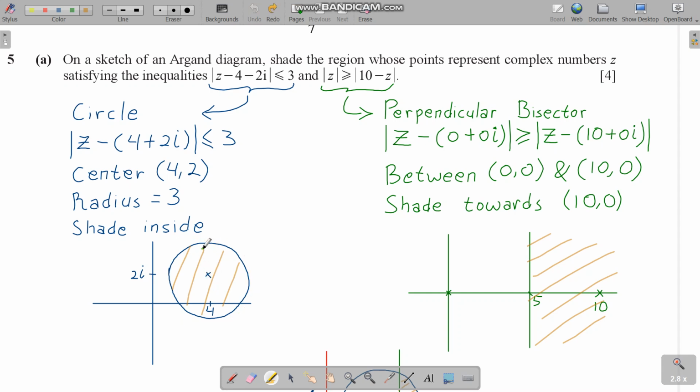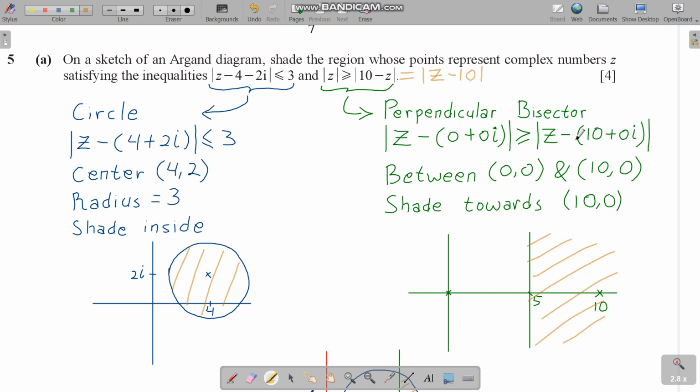And now for the second locus, we have z on both sides, so this is a perpendicular bisector. To identify the points, make it z minus z1 form. Because there's nothing here, it's just (0, 0). And here, this is actually the modulus of z minus 10, exactly the same thing.